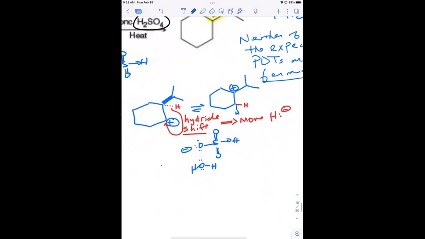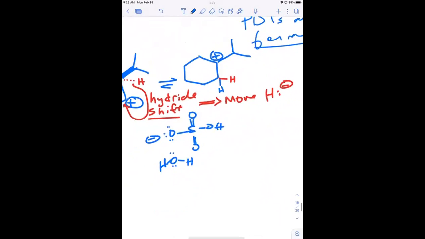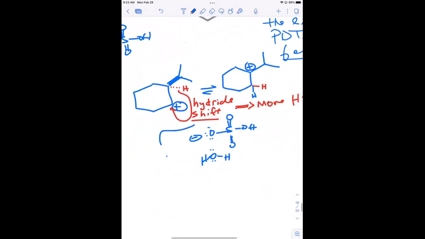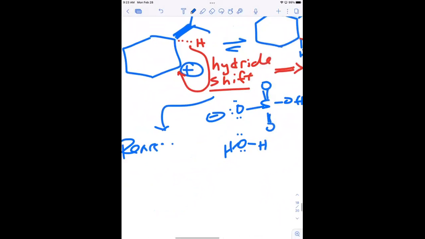This is a type of rearrangement. If you remember from organic 1, we talked about there were 4 types of reactions: substitution, elimination, addition, and rearrangement.